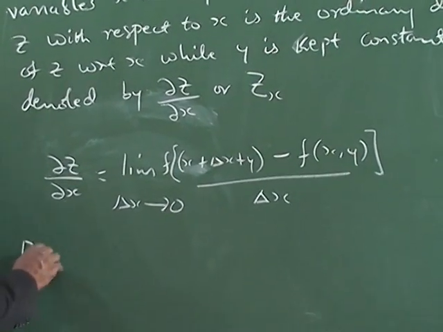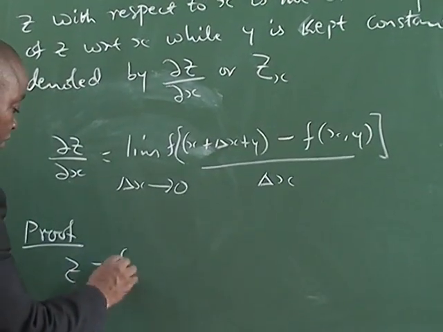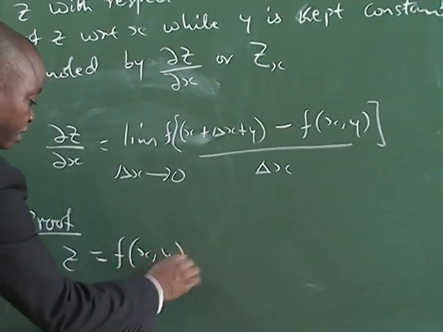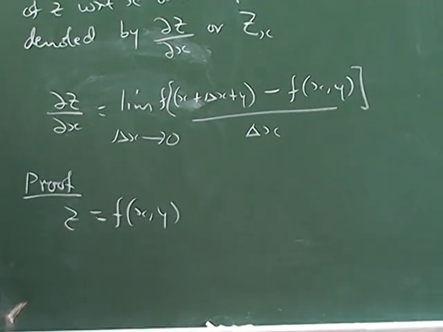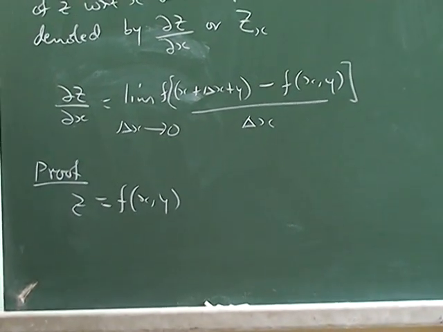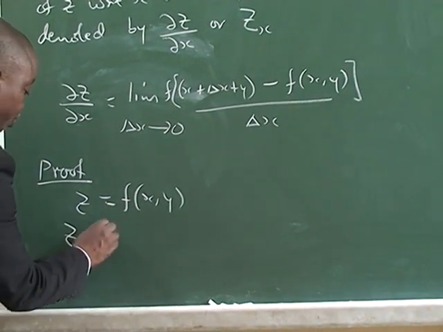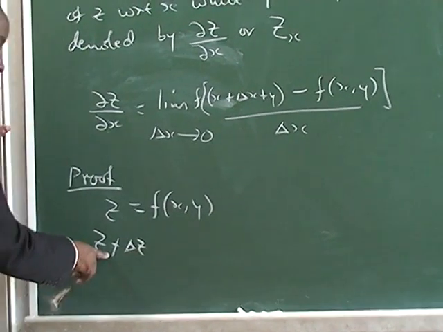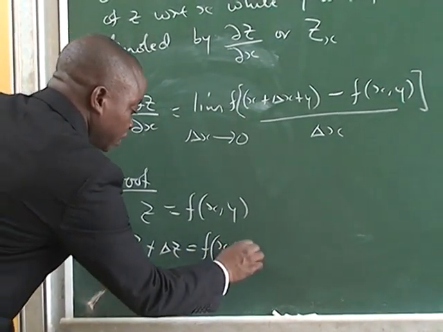Now let's prove. We have z equals f of x y. We know that by first principle from elementary calculus, when there is change in z, that is change in z, will be equal to f of x plus change in x, y.